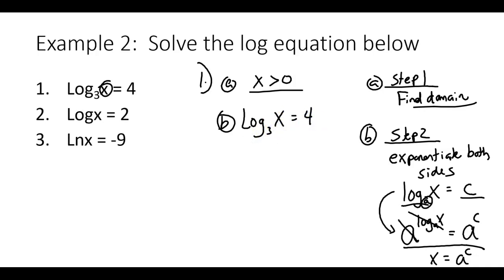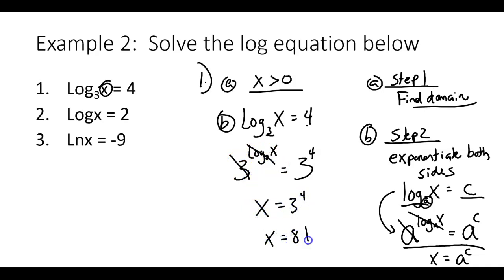So I want to exponentiate both sides. My base is 3, so it's going to be 3, and then I'm going to put this whole log expression up here. And it's going to be 3 again, and then the 4 goes here. What happens is that this and this cancel each other out, and I'm left with x equals 3 to the 4th, which is 81. And so there's my answer. I got x equals 81.